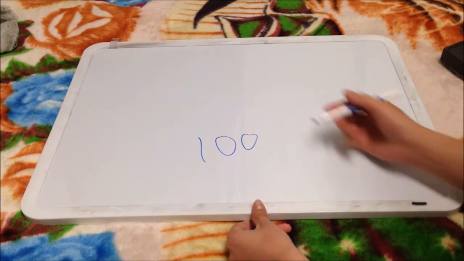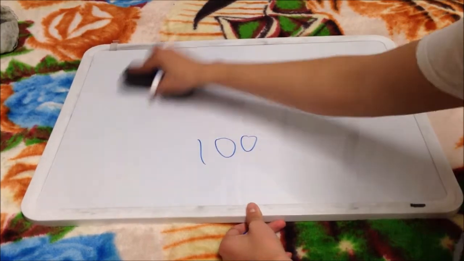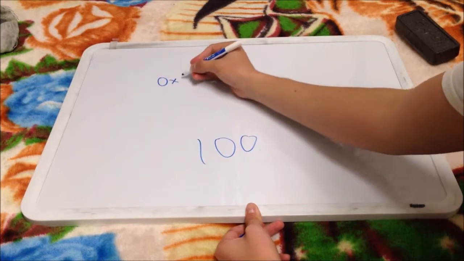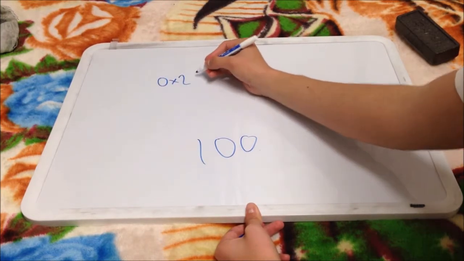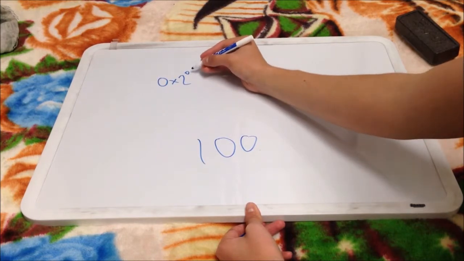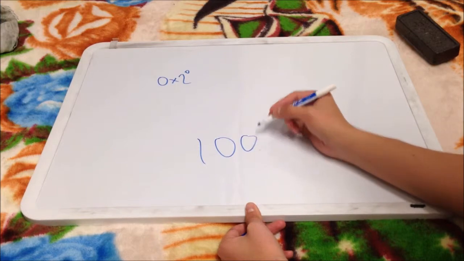First, what you want to do is take the last digit, 0, and multiply it by 2 raised to the power of 0. So you always have to start out with 2 to the power of 0, and you start with the last place value.